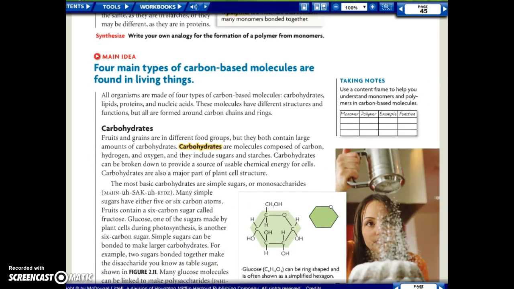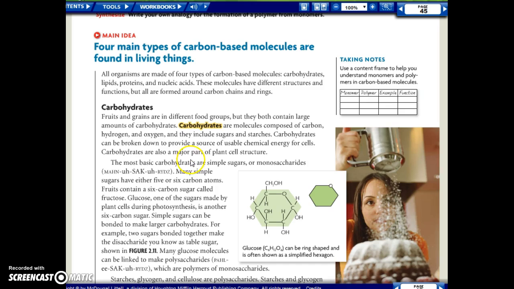So, to start off with, reading about carbon-based molecules. All organisms are made up of 4 types of carbon-based molecules: carbohydrates, lipids, proteins, and nucleic acids. These molecules have different structures and functions, but all are formed around carbon chains and rings. Hence the name carbon-based molecules.